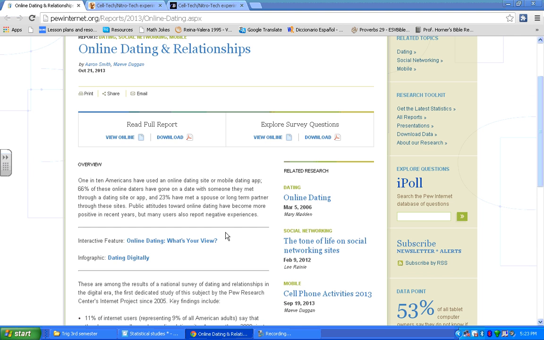And here's what it says. 1 in 10 Americans have used an online dating site or mobile dating app. 66% of these online daters have gone on a date with someone they met through a dating site or app, and 23% have met a spouse or long-term partner through these sites.